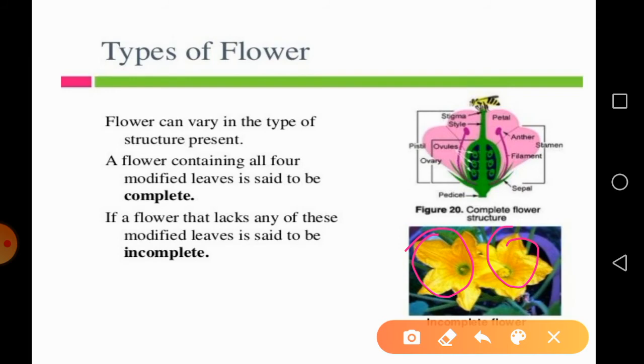So one part is missing, or your flower is lacking it. Such a flower is called an incomplete flower. So if a flower lacks any one part of the modified leaves, then it is said to be incomplete.